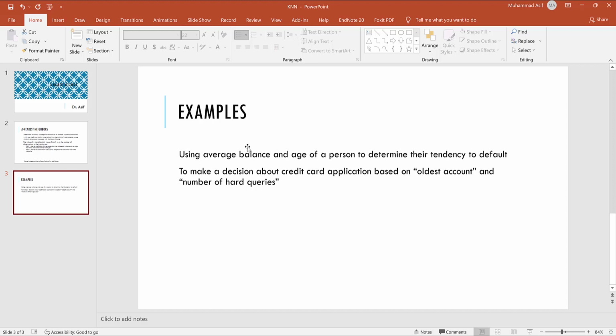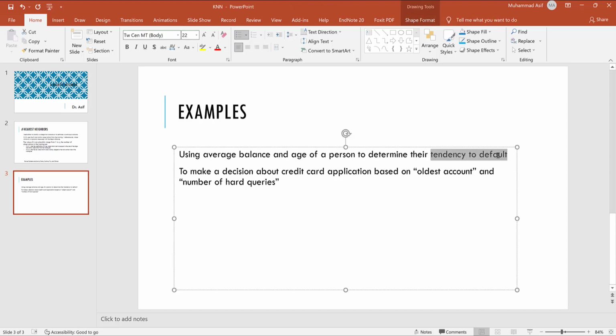Some examples of the application of KNN are using the average balance and age of a person to determine their tendency to default. For example, if a bank or any financial institution wants to assess if a person would default or not, they would collect his or her data, that will be called the query, and then compare it against already existing data, and see which closest ones the values of the query match with.